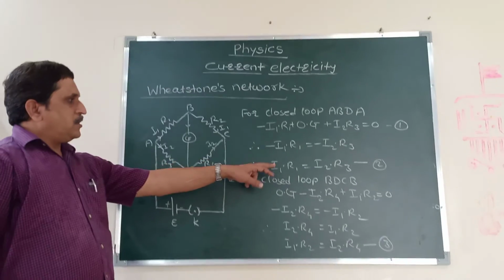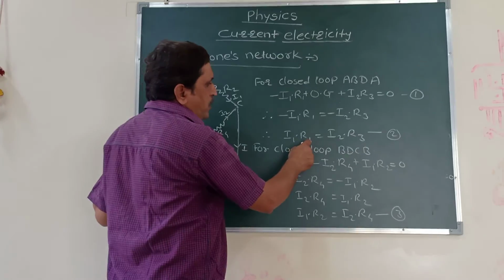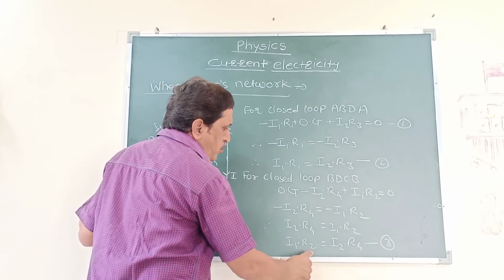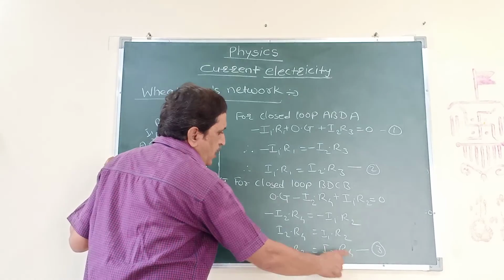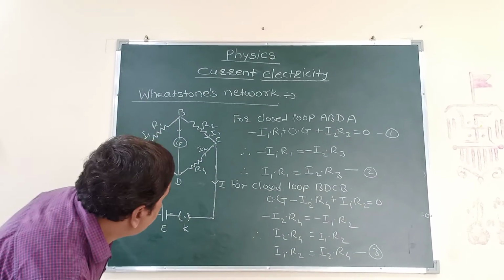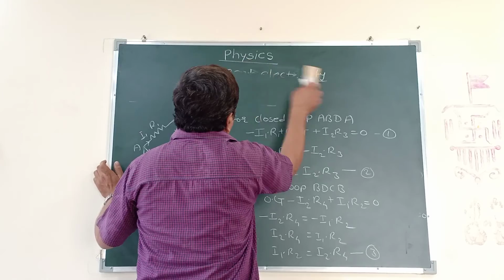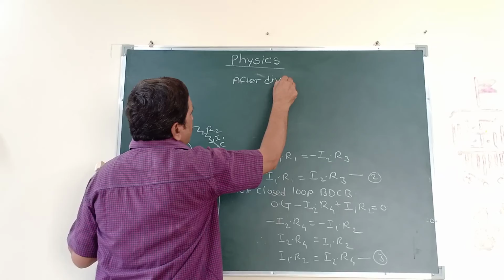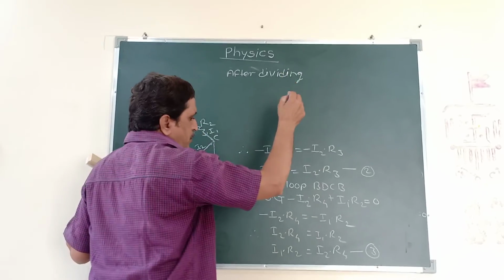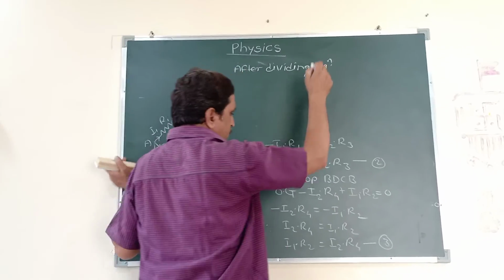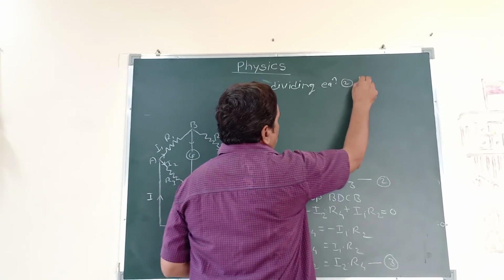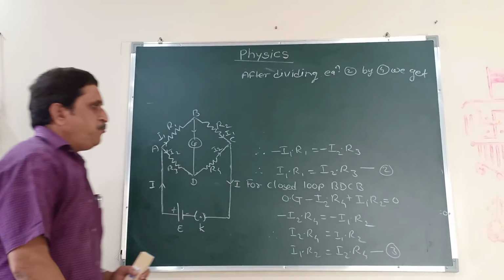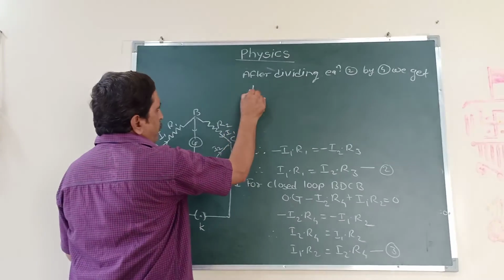That means up to equation 2 what we got? I1 into R1 is equal to I2 into R3. From equation 3 what we got? I1 into R2 is equal to I2 into R4. Then, after dividing equation 2 by 3, what can we write?